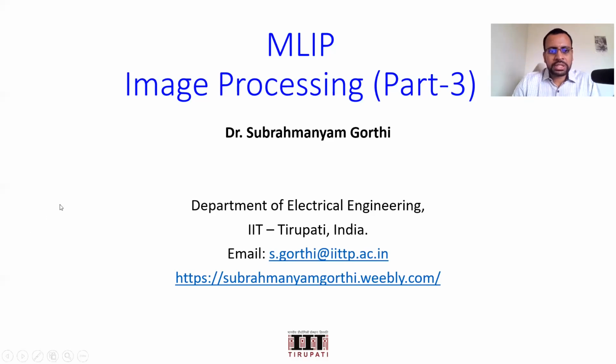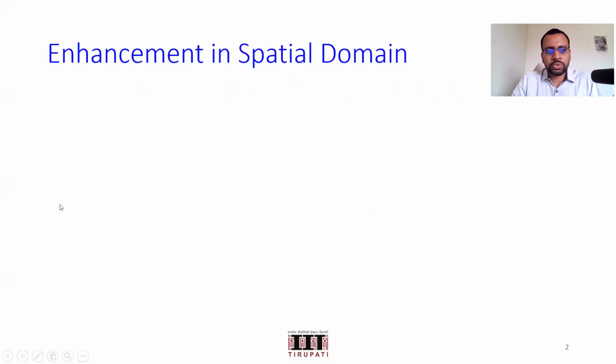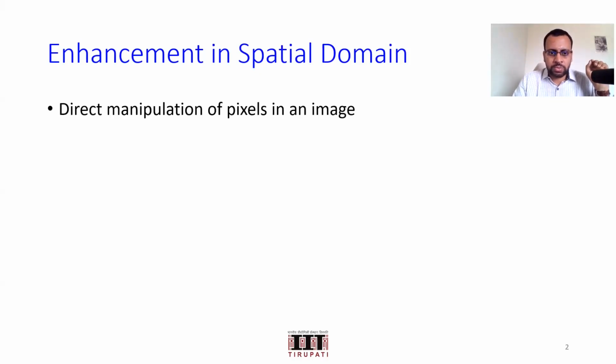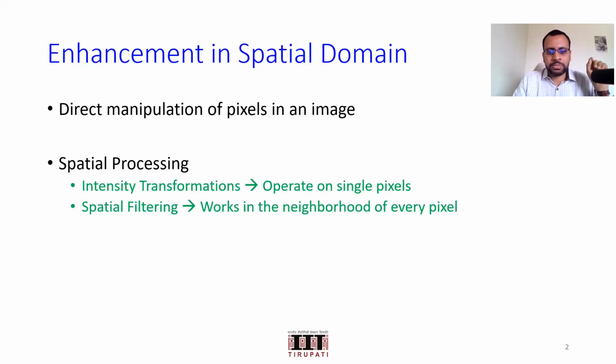In this class, we start talking about enhancements in the spatial domain. So given an image, how could you enhance that image? More specifically, we will be discussing pixel-based intensity enhancements in a given image.